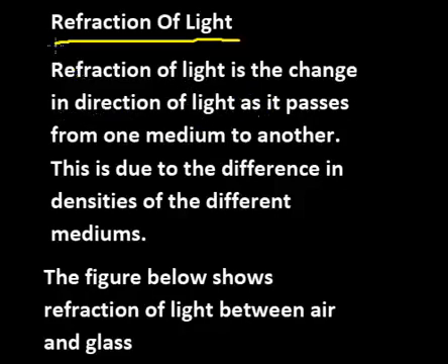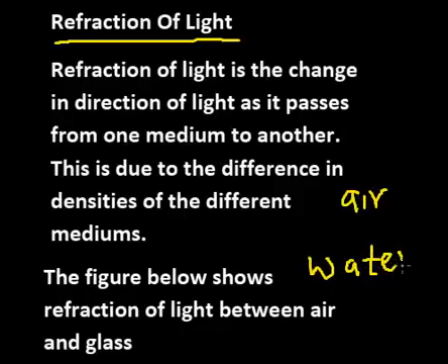So let's start by defining refraction. Refraction of light is the change in direction of light as it passes from one medium to another. What causes that is the difference in the densities of the different mediums. For example, air and a water medium have different densities.